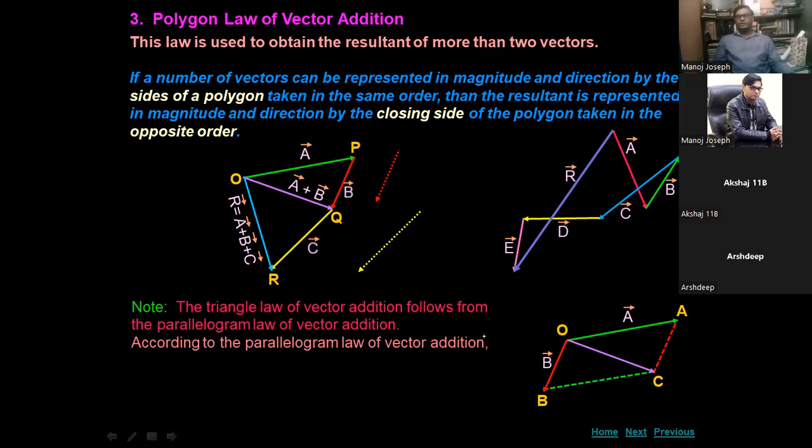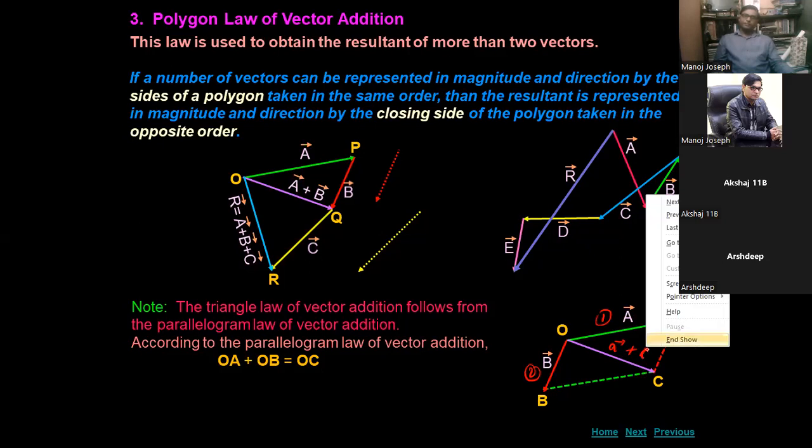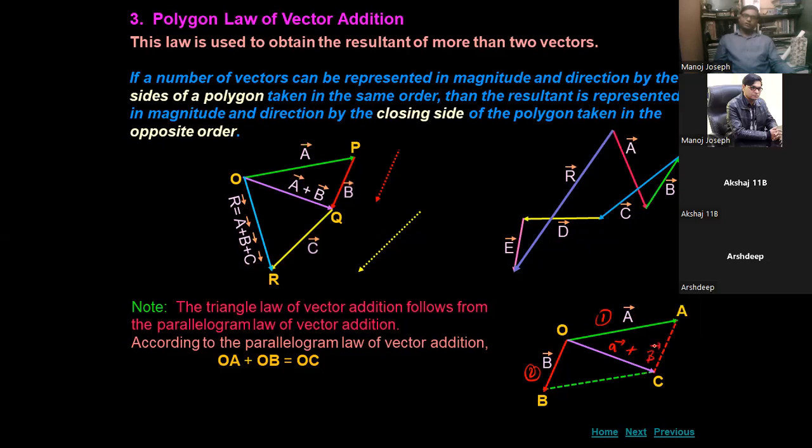According to the parallelogram law of vector addition, OA plus OB is represented by OC. So vector A and vector B are summed up here along vector C. So vector A plus vector B is represented along the diagonal in the parallelogram law.